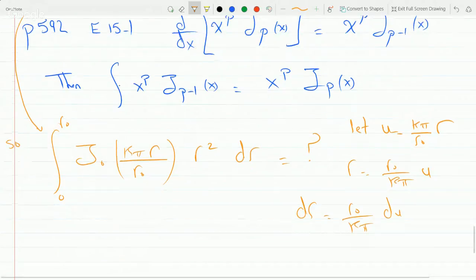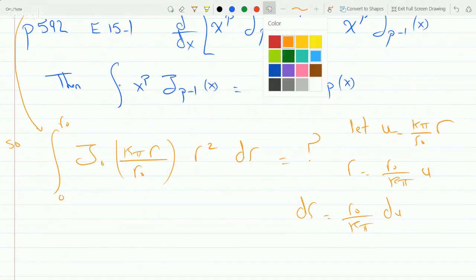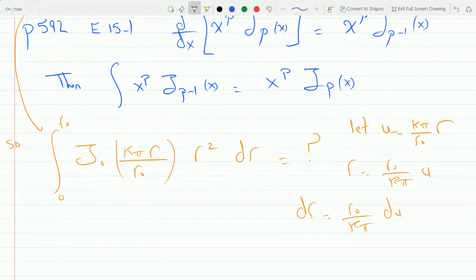And oh, the bounds, we have to change the bounds. These bounds are for r equals 0 and r equals r0. When r equals 0, plug it here, you get u equals 0.